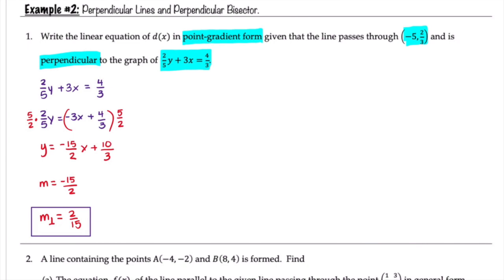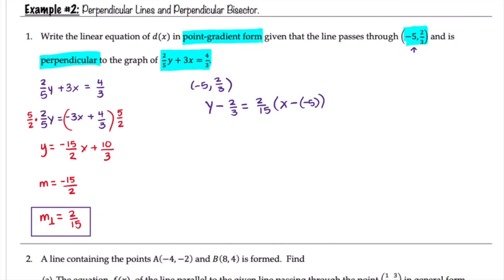We are going through this given point, so I'm going to just write my point down. My point-gradient form is always y minus the y value of the point equals the slope times x minus the x value of the point, which would be -5.